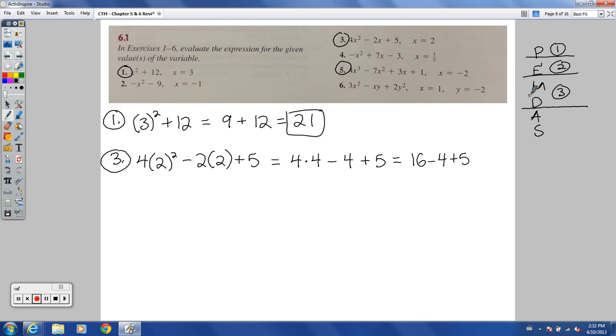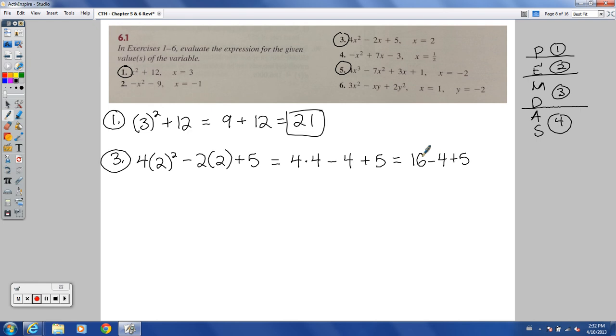Division, multiplication, they come third, but you just move left to right. If division comes before multiplication, do that first. If it's to the left, before that. On addition and subtraction, same thing. They're of the same importance, so if subtraction comes before addition, you do subtraction first. If the addition sign was here and subtraction was there, then we do the addition first. Just move left to right if that's all you have left is addition and subtraction.